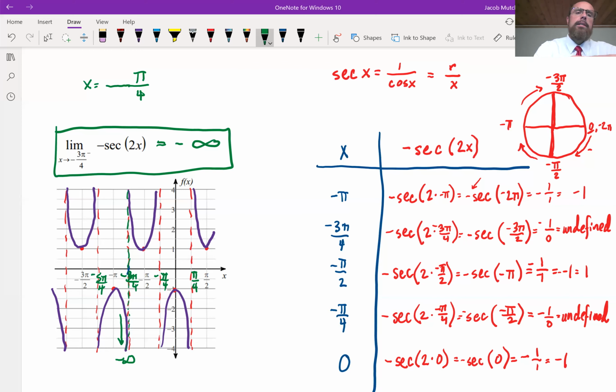So the way I would write this is x equals parentheses 1 plus 2k times pi over 4, where k is some integer. And if I use all the integers, I would catch all of those different vertical asymptotes separating the U shapes of the secant function.